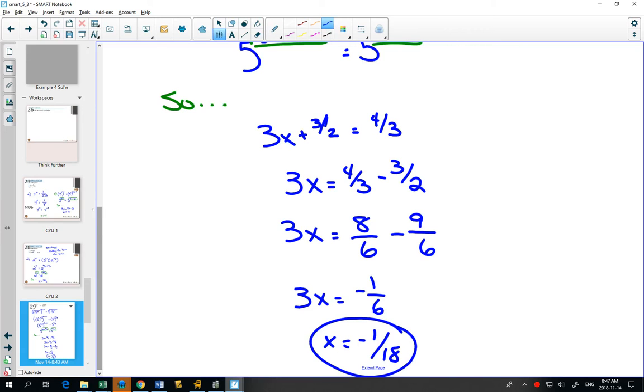And x is equal to -1/18. All right, try some questions 9 and 10.